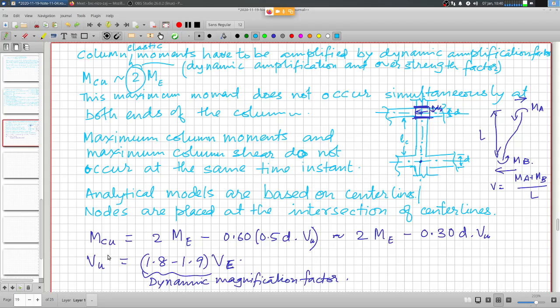That is to be added to the axial loads coming from the gravity load, and that will determine the total axial load capacity required in the case of columns.